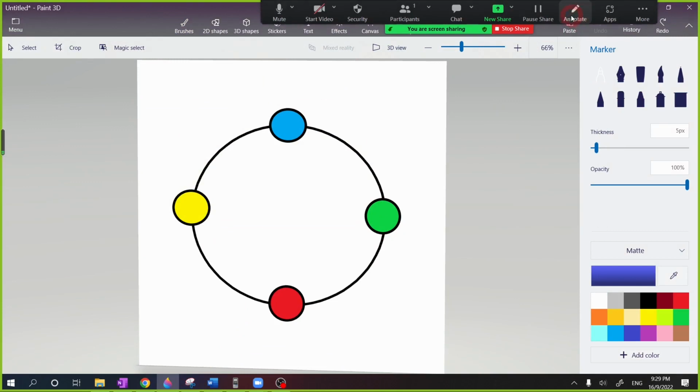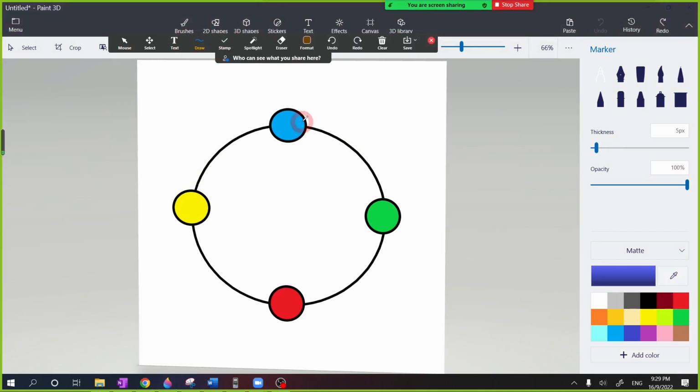Now, let's say I have 4 beans which are different colors. I have blue, green, red, and yellow. Okay, let me write over here. So now, red, green, blue. Okay, let me write smaller.